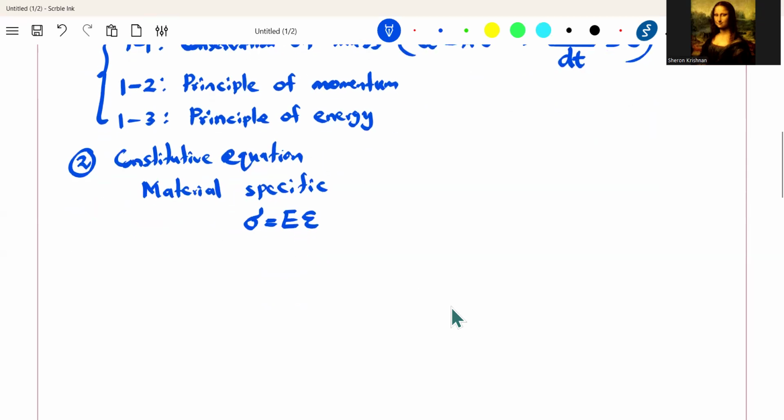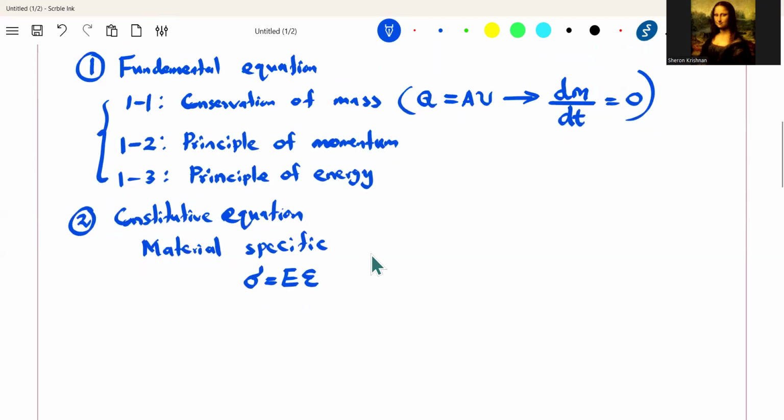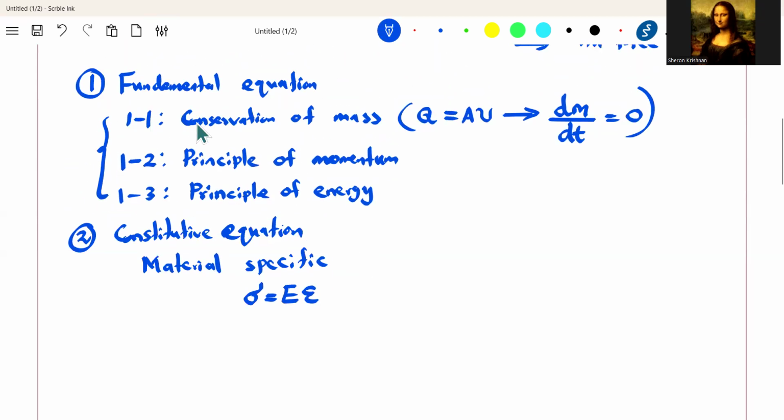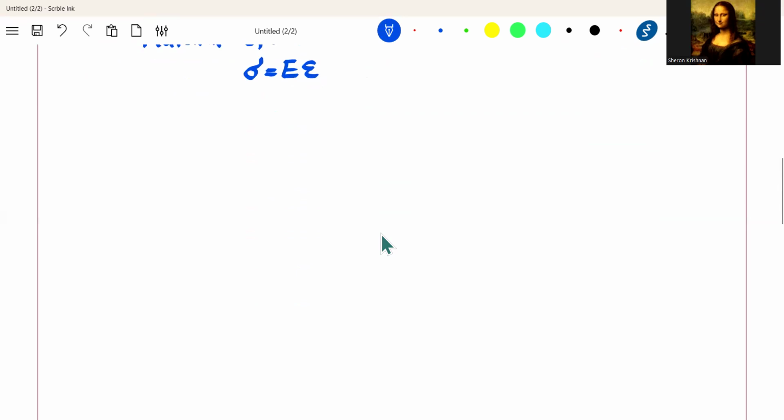Okay. How do we define these two equations, especially the first one, the fundamental equation? When you use this fundamental equation is the key, right? To develop the fundamental equation, again, we have two approaches.